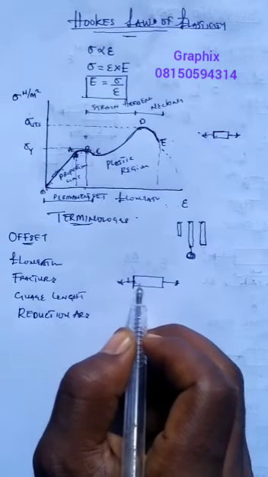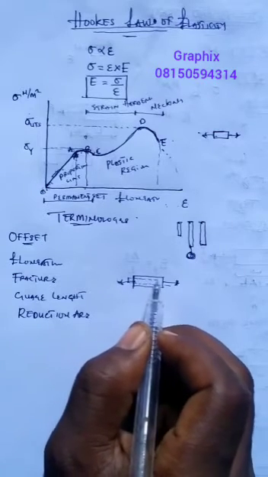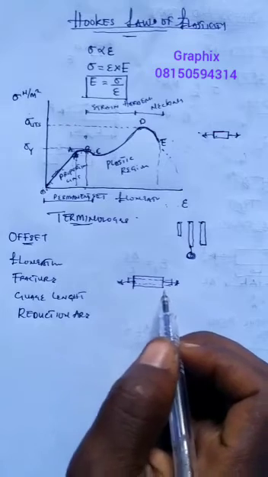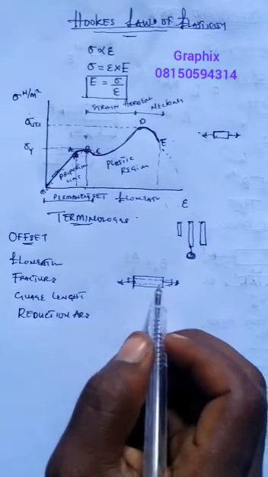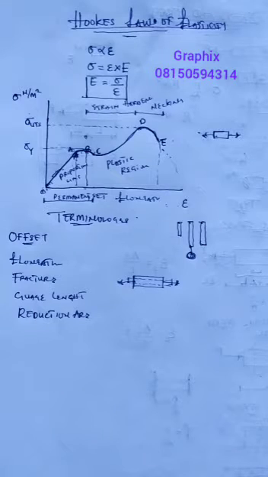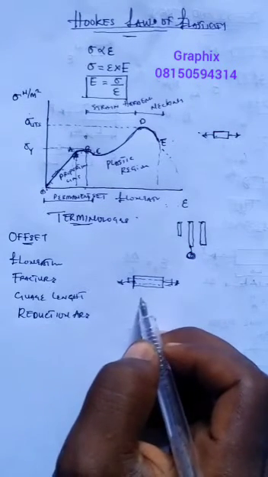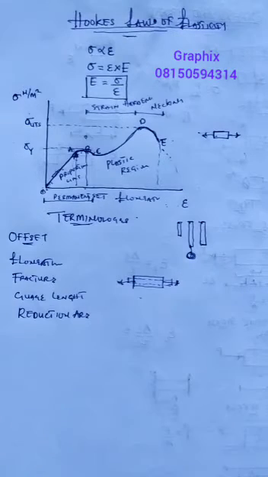It gets thinner. The area gets smaller. When I mean area, the thickness. So that is the reduction area. Tensile stress tends to reduce the area, the thickness of the material. Is that taken? As you apply this, the area reduces.